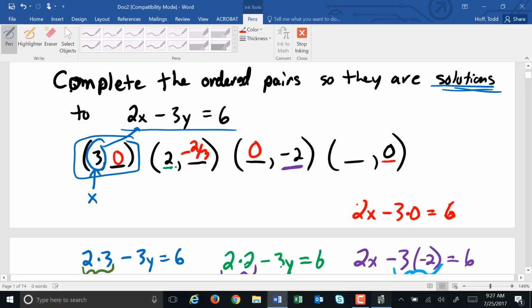What'd you get? X is 3. Very good. Up here we had when x was 3, y is 0. So the opposite has to be true. When y is 0, x has to be 3.